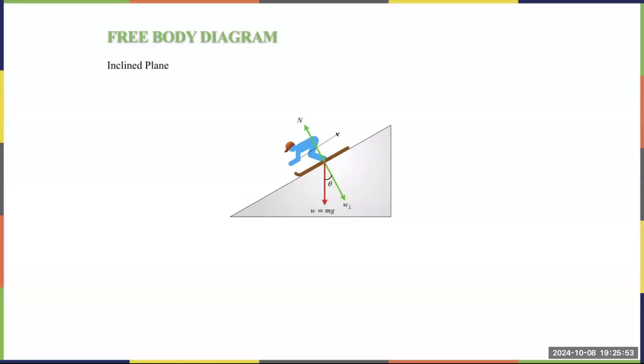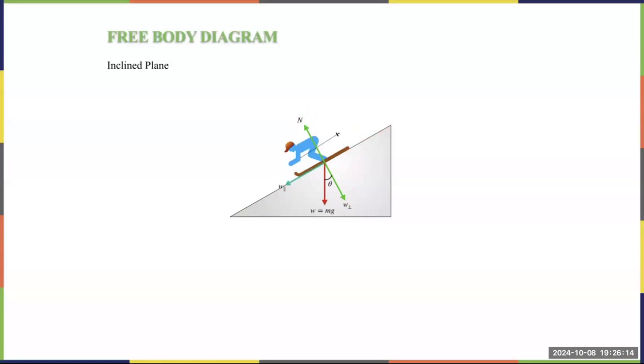To counterbalance this W perpendicular, there is a force in the opposite direction. This is the normal force N, which is perpendicular to this surface.